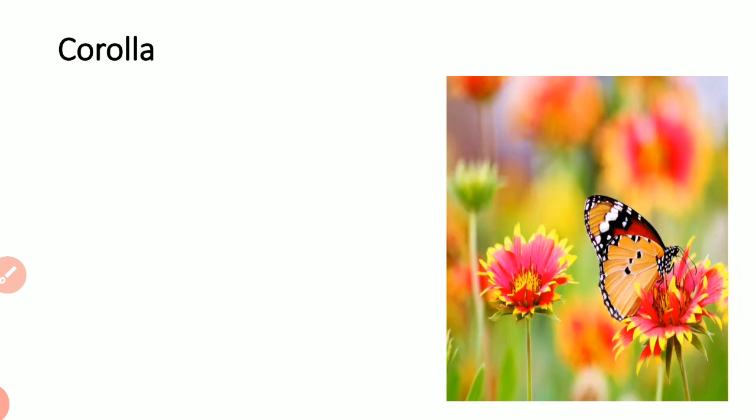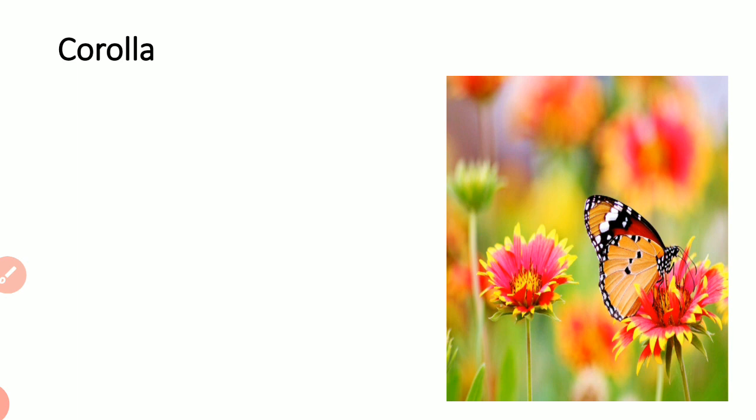Now I proceed towards the second, most attractive part of the flower, that is the corolla. The common name is the petals of the flower, which is the most important part of the flower with respect to pollination.